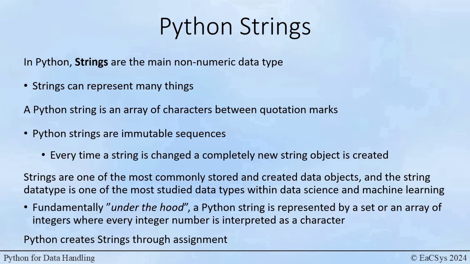When you work with strings in Python, Python will create a string by assigning a set of characters between quotation marks to a variable. Depending on how you work with strings, strings can be efficient or they can be inefficient. Another thing to keep in mind when handling strings is that many Python libraries use their own string definitions. For example, within data handling, you will often encounter NumPy strings and PyArrow or Apache Arrow strings.